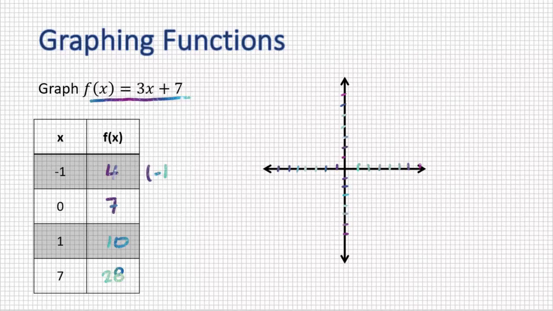So let's first graph the point -1, 4. So that's -1 on the x-axis, and positive 4 on the y-axis. There's the point, -1, 4. The point 0, 7 is 0 on the x-axis and 7 on the y-axis. So we're up here.